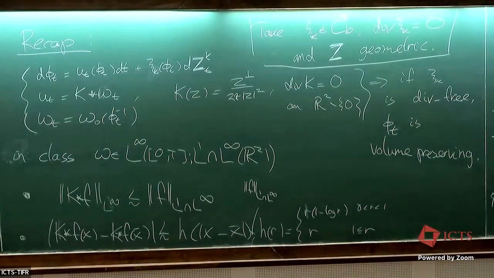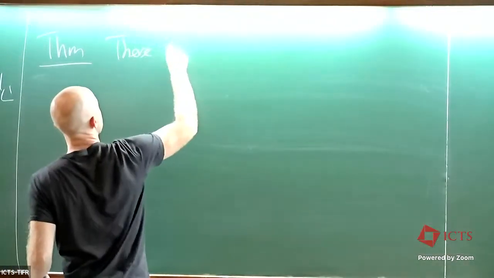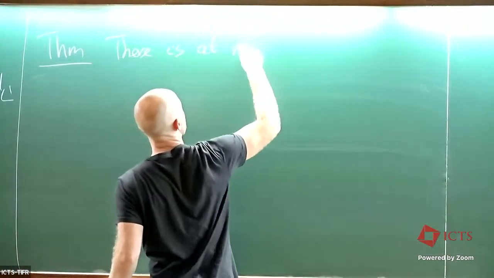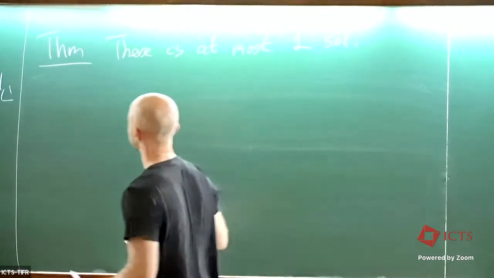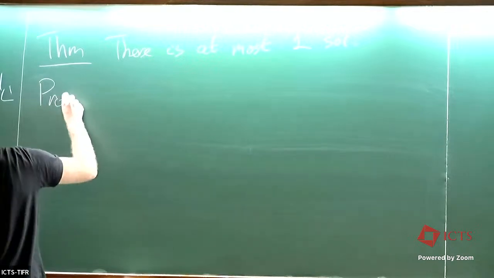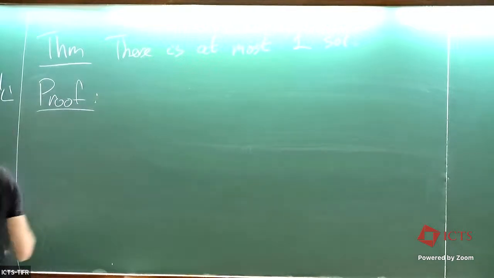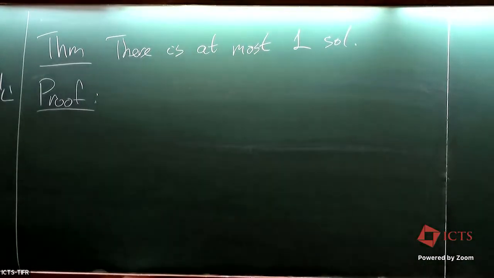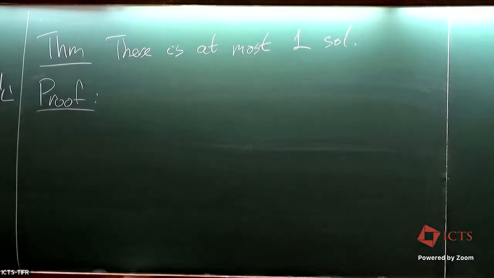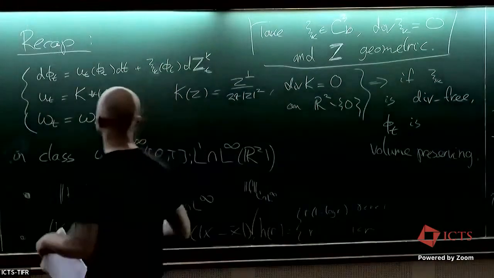Good. Okay, so now let's prove there is at most one solution. What we do, we take two solutions, let's say that we have omega 1 and omega 2, which satisfy this.